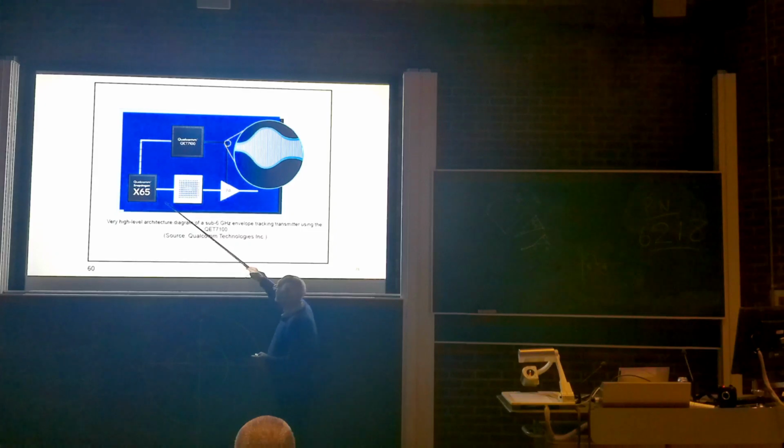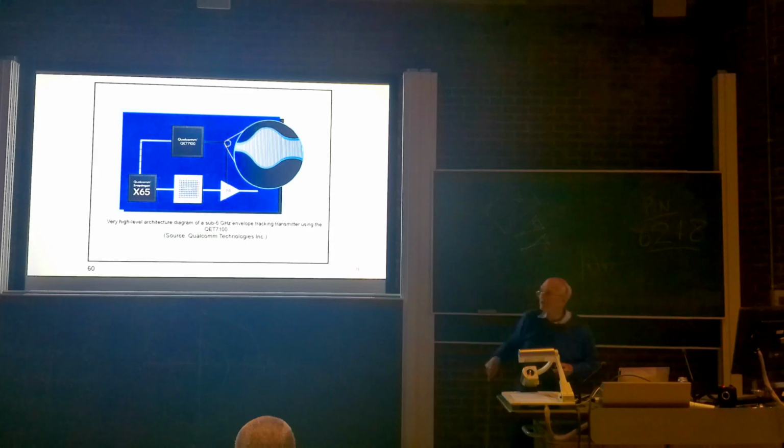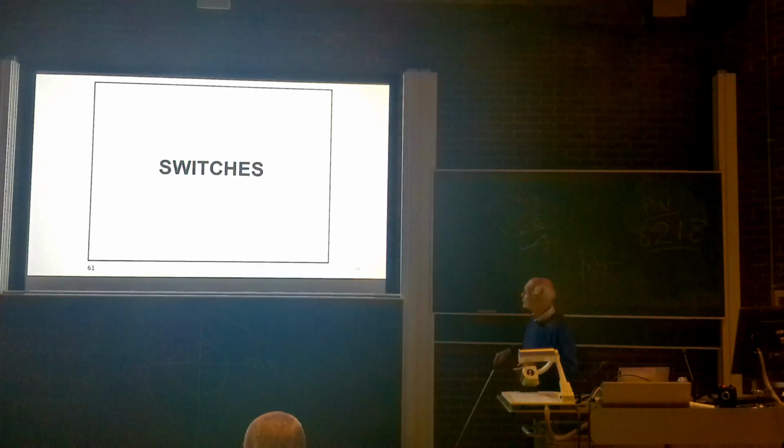So you take the amplitude information off and then you feed it to combine it, to put it back in by modulating the amplitude of the PA. And if you do that, it's very much more efficient. It can be up in the 80-90% efficiency.